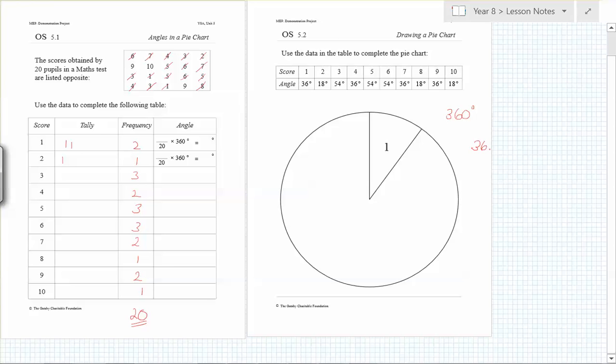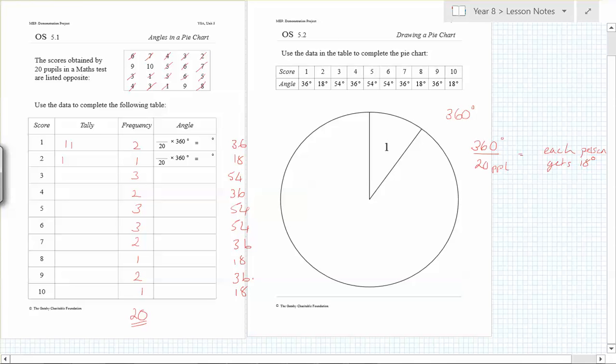So 360 degrees divided by 20 people means that each person gets 18 degrees. That's one way of doing it. Which would mean then that 2 people get 36, 3 people get 54.